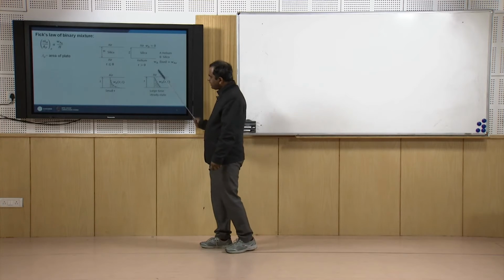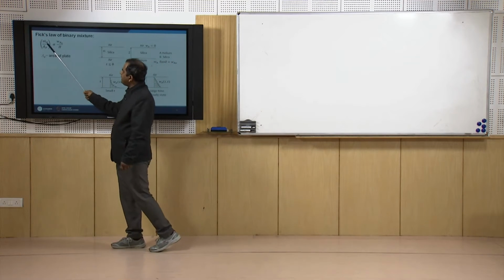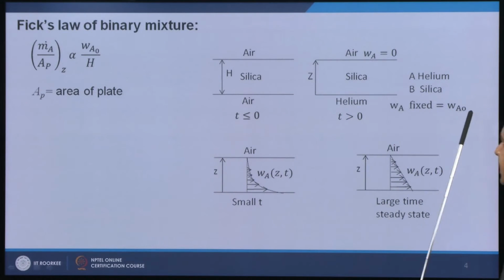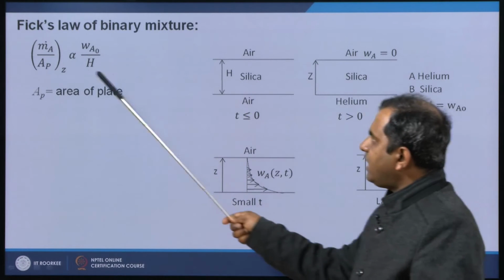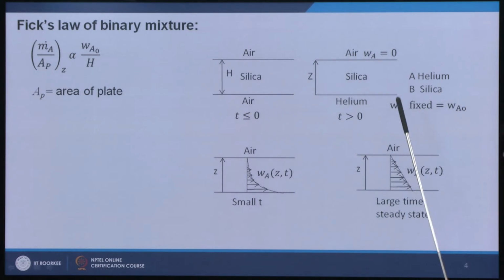So, with these three things, Fick proposed that m dot A is proportional to W A naught, which is the concentration of helium at the beginning. M dot A is inversely proportional to H, which I have already said over here. If the silica layer becomes thin, then the mass transfer rate will increase.